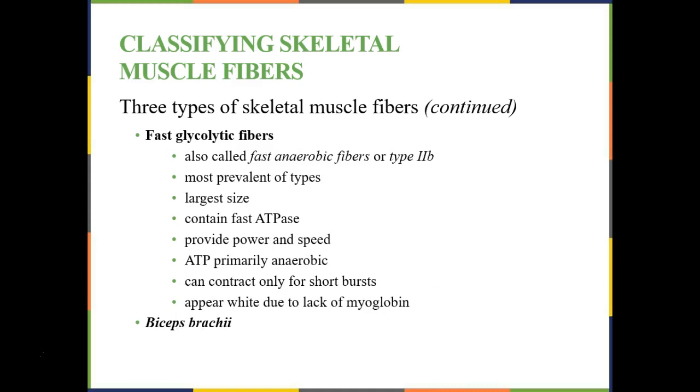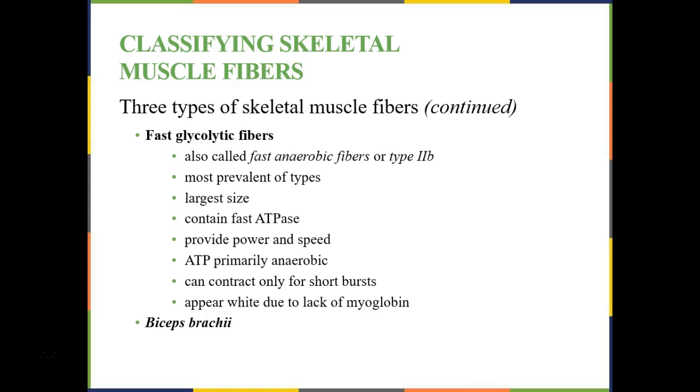And then we have those fast glycolytic fibers. So think of your arm muscles. Arm muscles tend to be very, very strong, but they function for shorter periods of time. We don't tend to hold very heavy things in our arms for a long period of time, whereas we're holding our body up on our legs all the time.